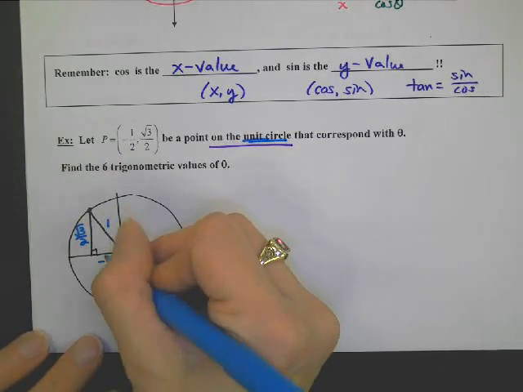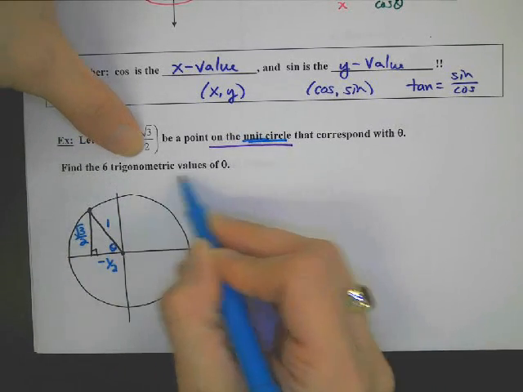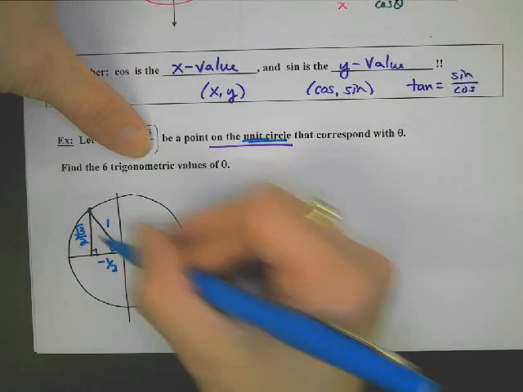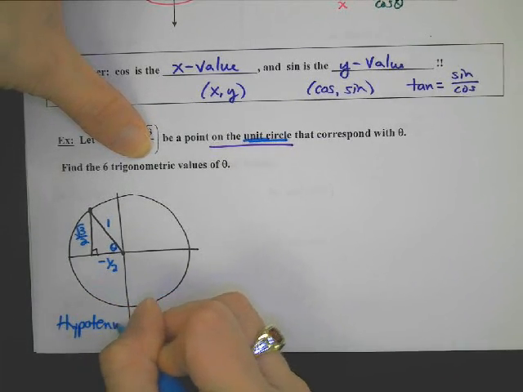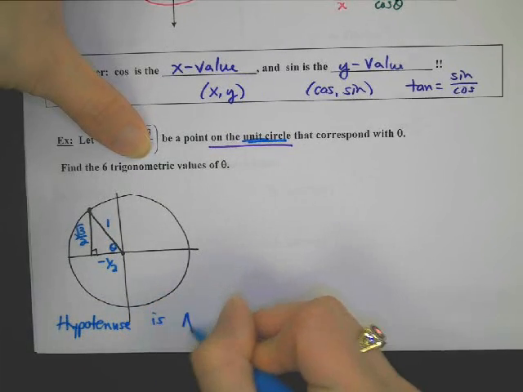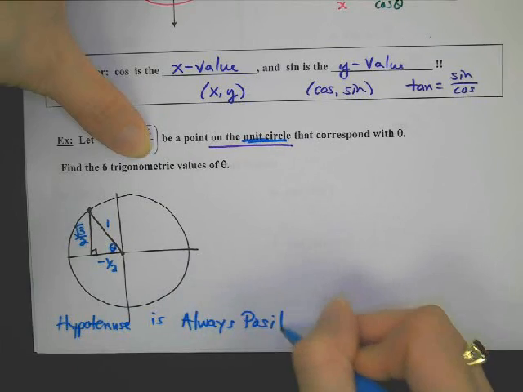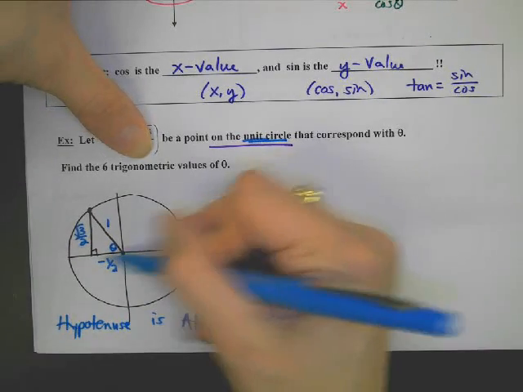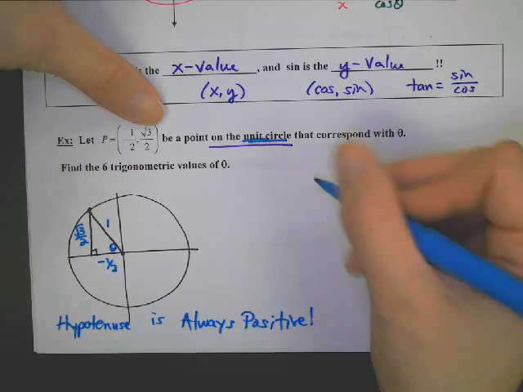Okay, and then the angle I'm going to put right there inside of the triangle. Find the 6 trigonometric values. Let me just mention that the hypotenuse is always positive. The x value and the y value could be positive or negative depending on the direction.